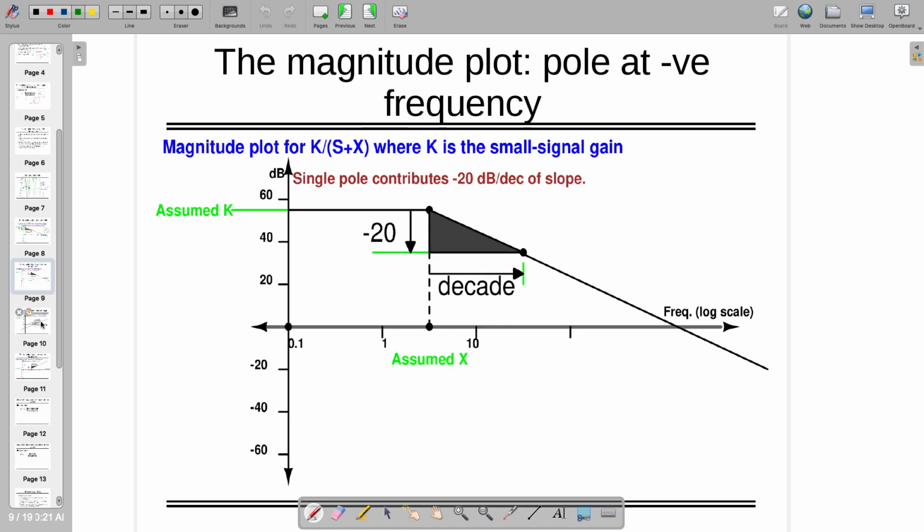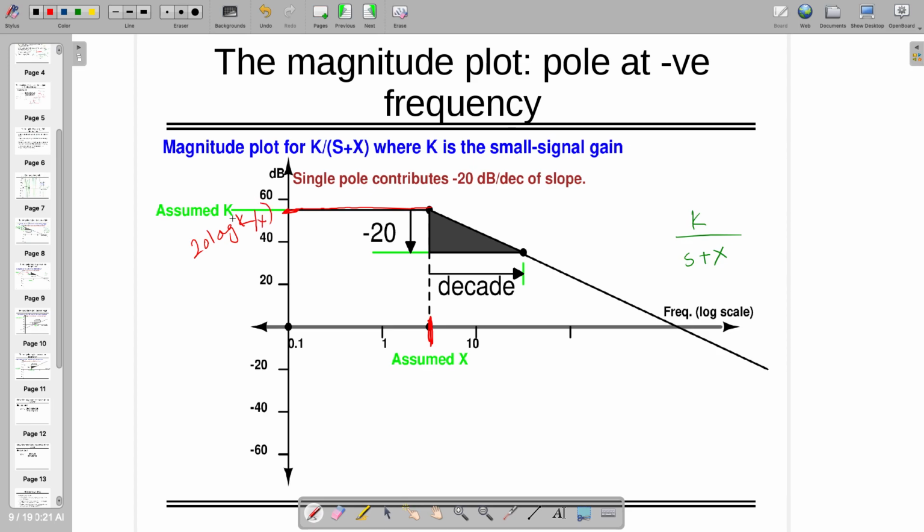Let's assume that you have a situation where instead of k by s, you have k by s plus x. That is the transfer function given to you. Then you have to go to 20 log k, this point. You have to draw the line which is 0 dB right now, and you have to reach the value of x. x is the frequency. By the way, I made a mistake.